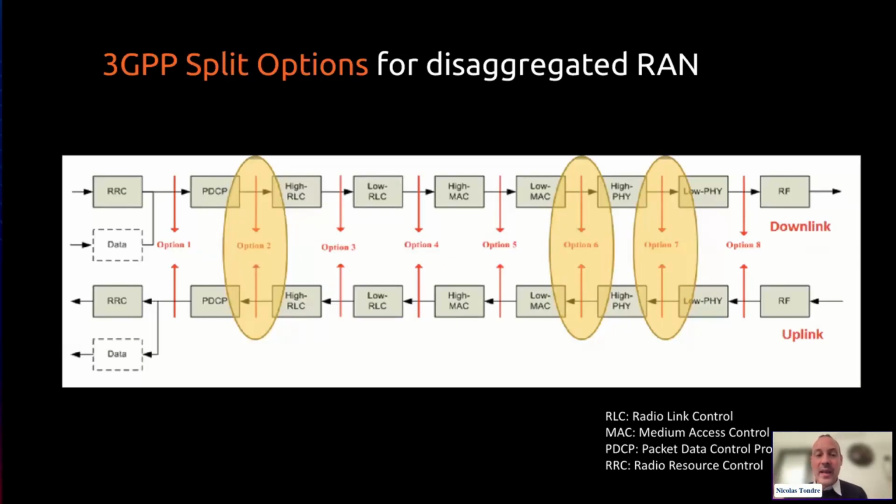So up until now, you had the BBU, that was everything before option 8, and the radio unit. There was hardly any processing inside the radio unit. Well, that has changed completely now, and more radio units are integrating processing power that will allow more flexibility in implementing your radio access network.